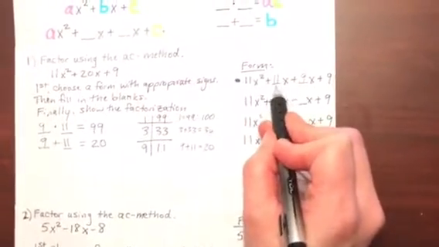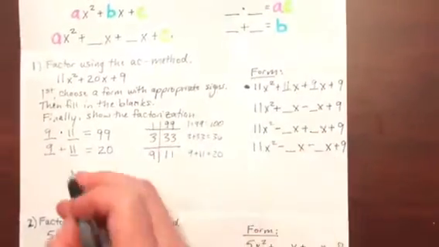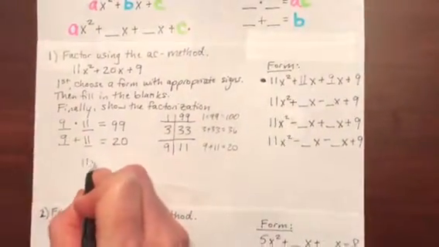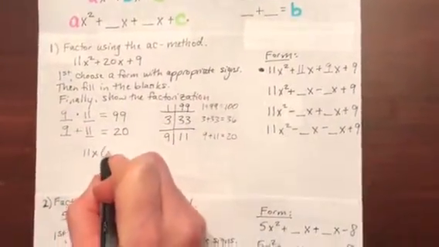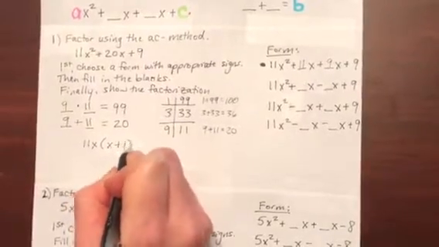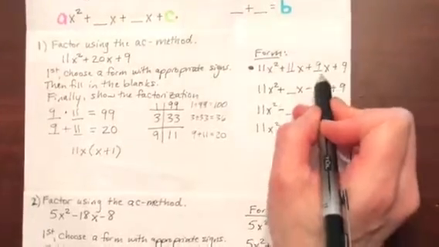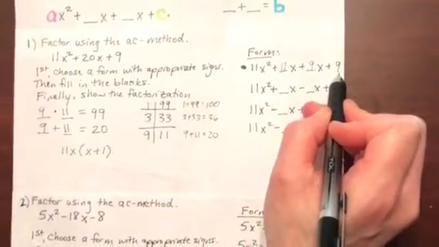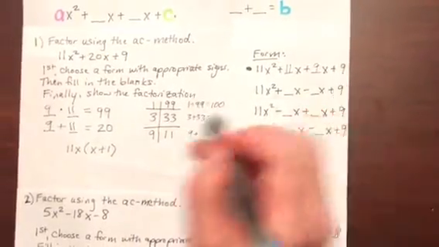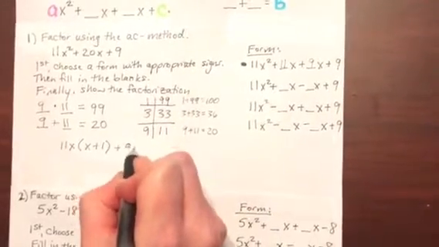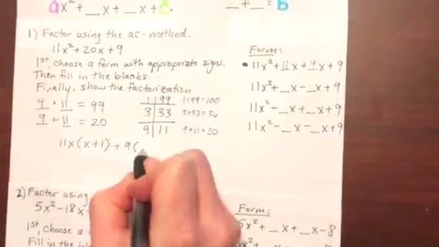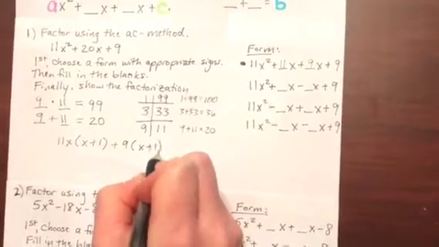They have a common factor of 11x. So we would take out the 11x, and that would give us an x plus 1 remaining. In these second two terms, we would have a common factor of 9, so we factored that out and put that in front of the parentheses, so plus 9 times what's remaining, x plus 1.